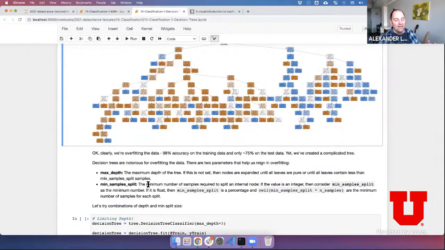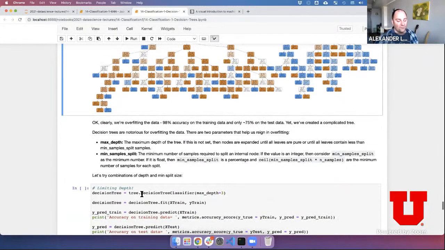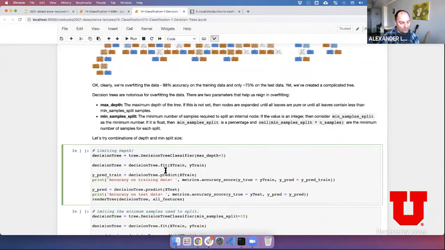So you could say, I want at least 10 samples, and if a node has fewer than 10 samples, stop splitting it. That also limits the depth of the tree, but not in a hard way like saying you may be at most 3 levels. So the trees will get deeper if I just use a min sample split than with a max depth, but you will also reduce the splits. And so let's explore those two options.